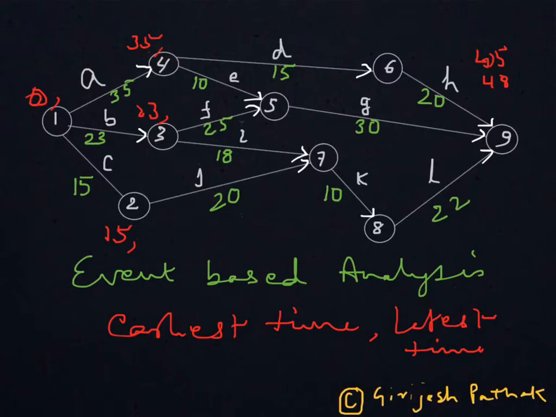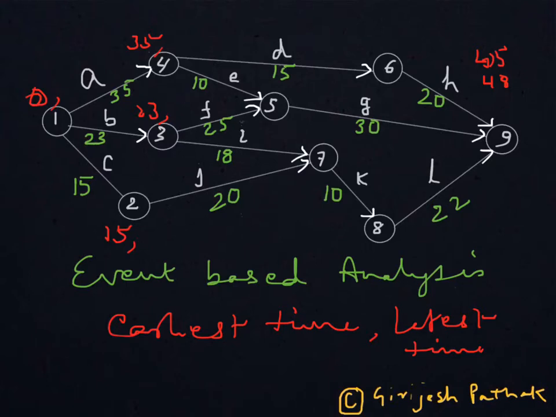So if you take 45 as the earliest time, you make an error, because after 45 days E is over but F is not over, so you can't say that you have reached node 5 and you can't start G.